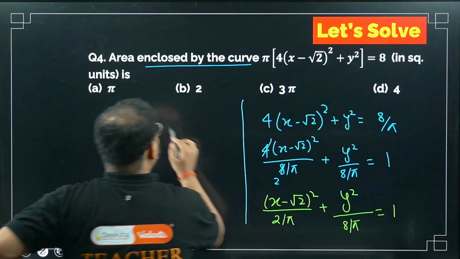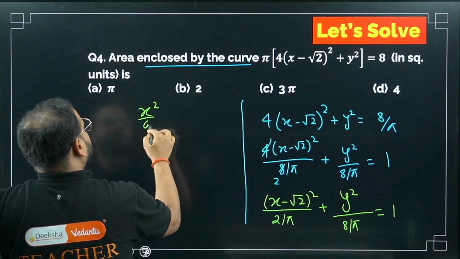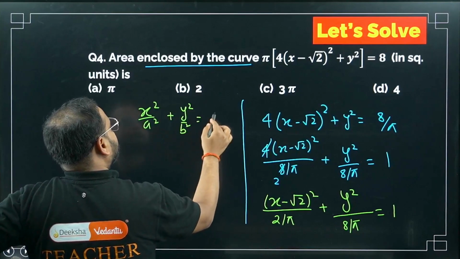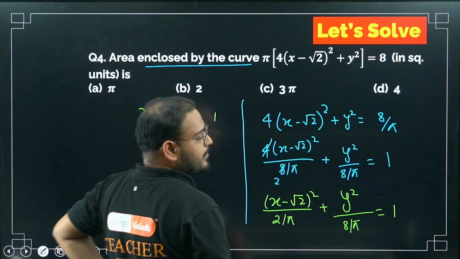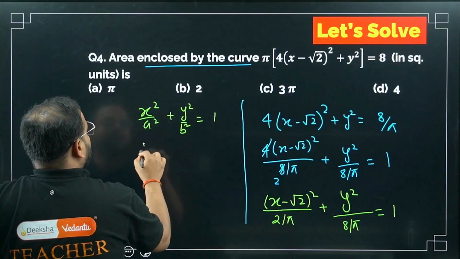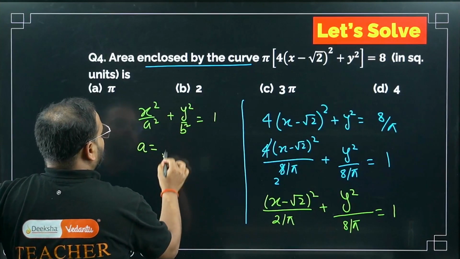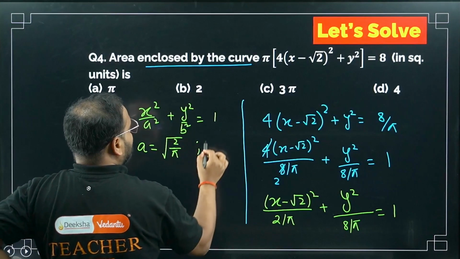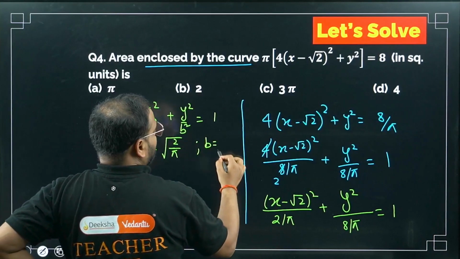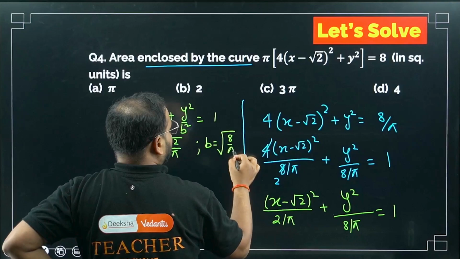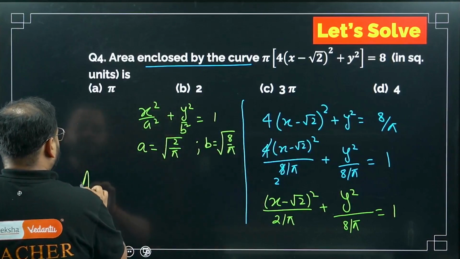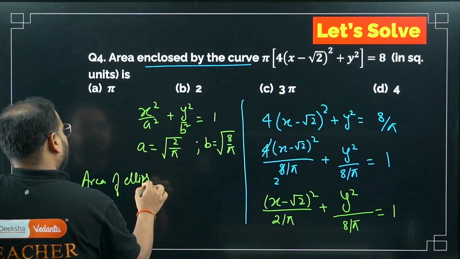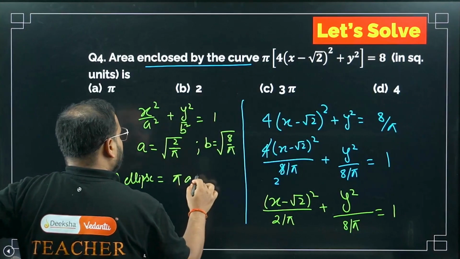If you compare this with the standard form of the ellipse, x square by a square plus y square by b square equals 1, my a value is root of 2 by pi, and my b value is root of 8 by pi. Now the area of ellipse, which I did yesterday, is given by pi AB.